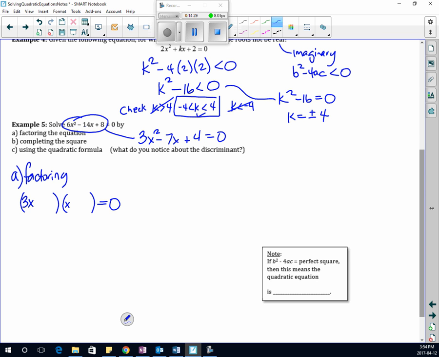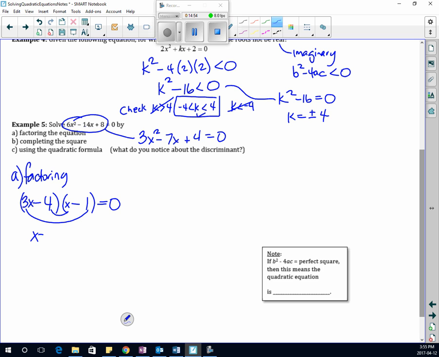And by the way, they both have to be negative because that's the only way I'll get a sum of a negative and a product positive. So 4 and 1. Can I play around with that? Would it work? Actually, 4 and 1 is going to work if I do it this way, because then I'll get negative 3x minus 4x, which will give me negative 7x.